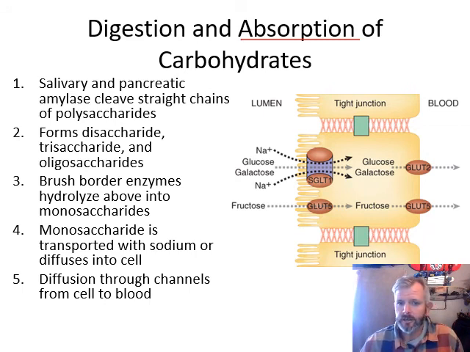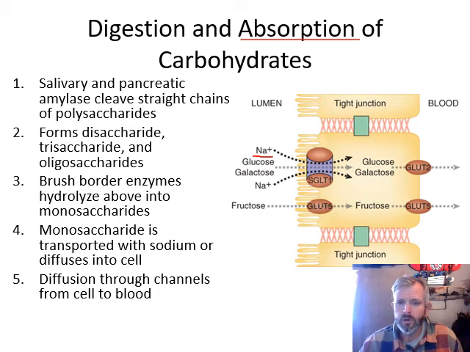You can see again our sodium, our glucose and galactose, SGLT1, the sodium glucose transporter 1. And what are we doing? We're doing secondary active transport. We're moving glucose and galactose in using the concentration gradient of sodium as energy.